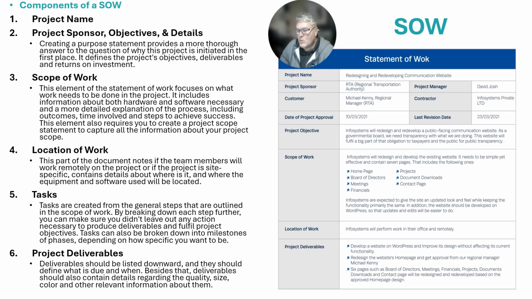This is showing you a more formalized statement of work from a template. A statement of work might have the project name on it, project sponsor, the objectives and details, the scope of the work, what's going to be done throughout the project, and the location of the work. There might be teams that are multinational or in different states, located in different places, and so that will be discussed and outlined.